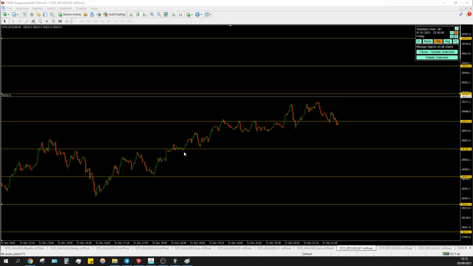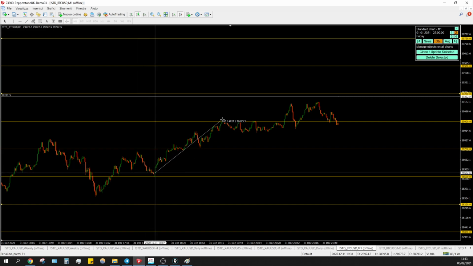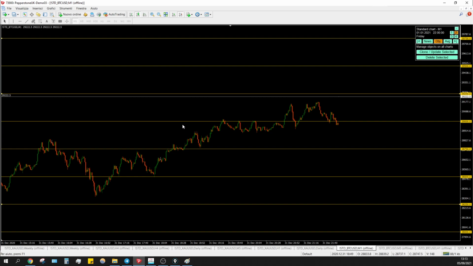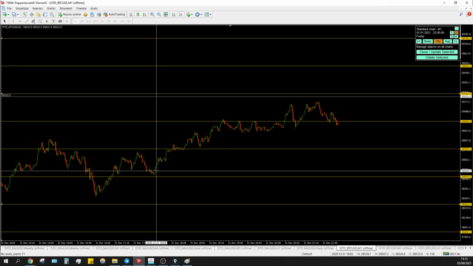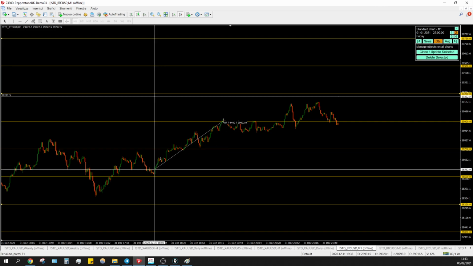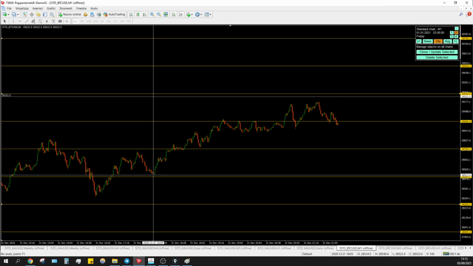You can either re-enter or keep your runners risk free, and you get your hard TP hit in 1 hour and 26 minutes. Sorry about that. And of course, you also have another retest. You have many opportunities to re-enter, and you get your 40, 50 pips of take profit.